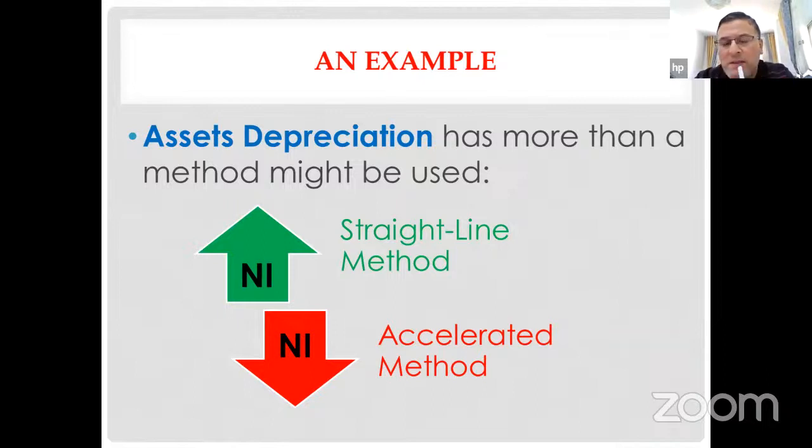For example, the example I mentioned now, asset depreciation: if a company chooses the straight line method, this method will lead to increasing the net income of the company. The alternative is the accelerated method. As you see, straight line method will lead to increased net income, and the second one will lead to decreased net income.